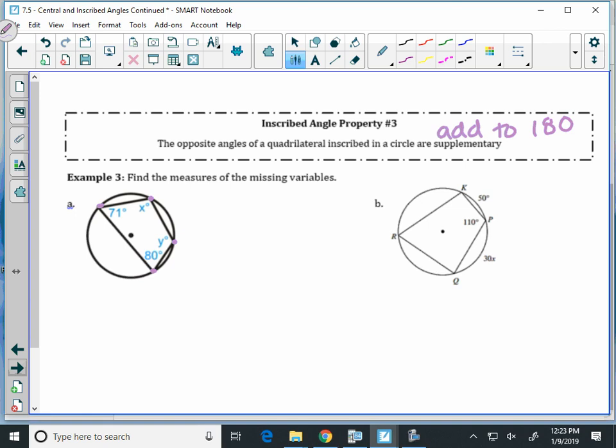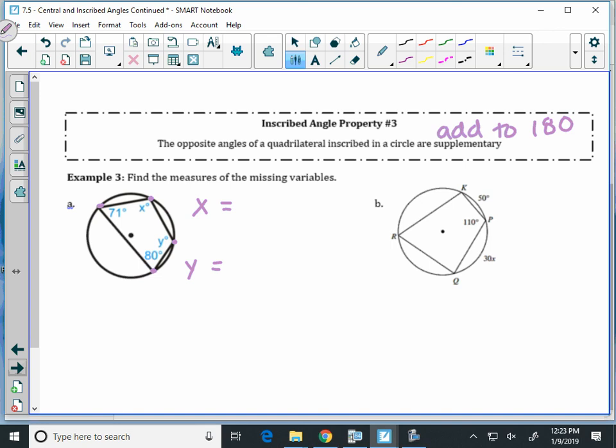Okay? So we take a look at this example. We want to find x, and we want to find y. Okay? Well, I notice I have a quadrilateral, so I'm going to find its opposite angle. What angle is opposite of x? Across from. 80. So what can we do?